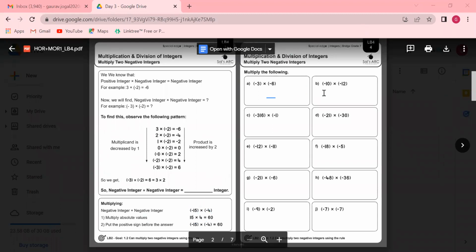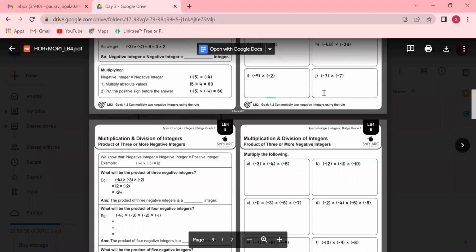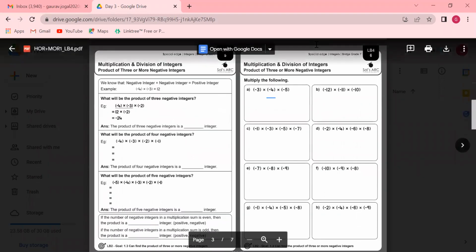If I go ahead now, we are going to do multiplication of three integers. Now, we have seen two integers, how to do three integers? Suppose there are three integers, -4 into -3 into -2. Right? There are three integers. First, what we will do, we'll just multiply -4 into -3.